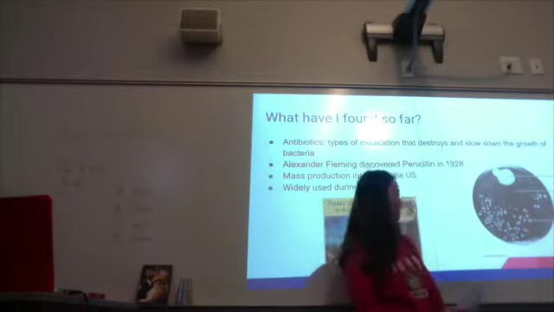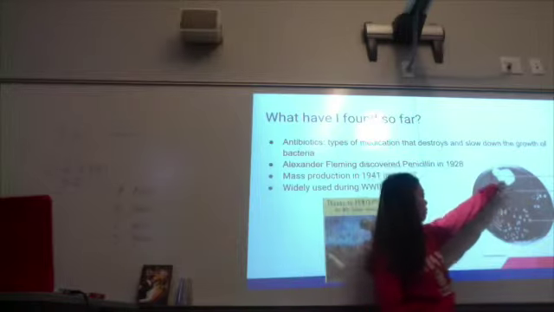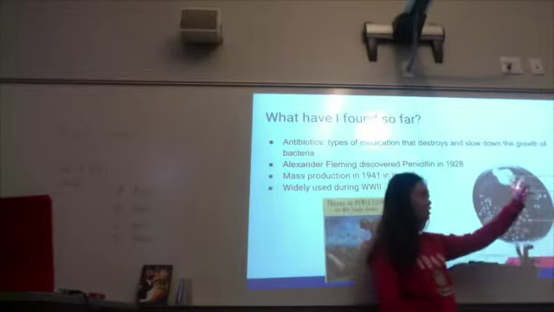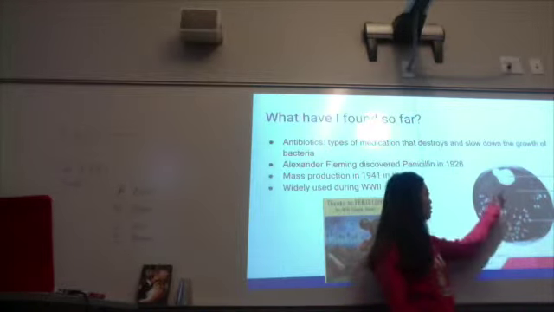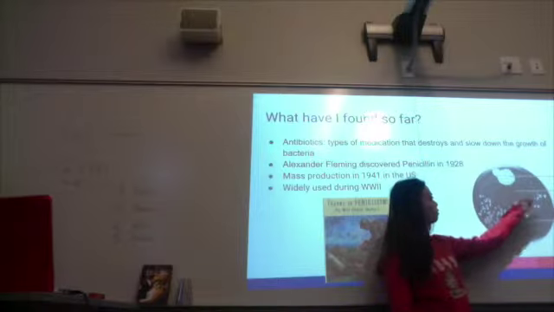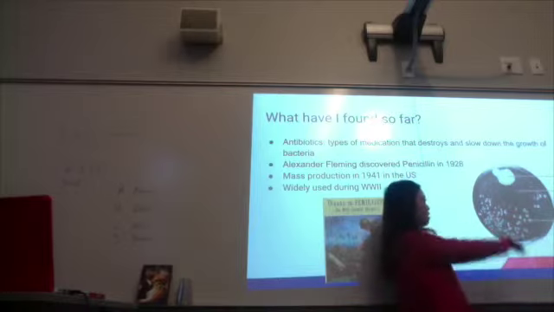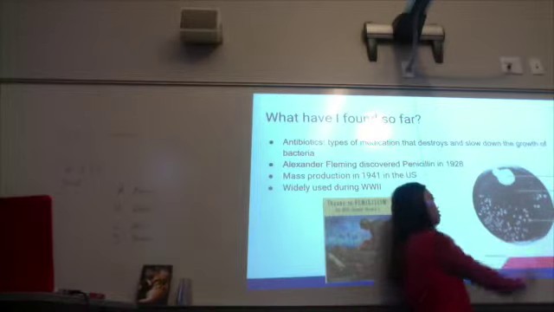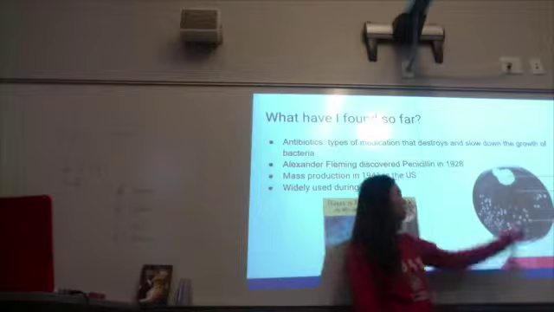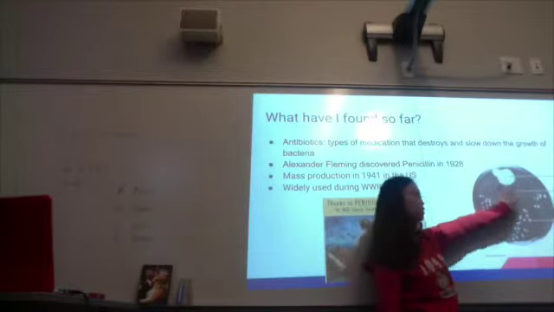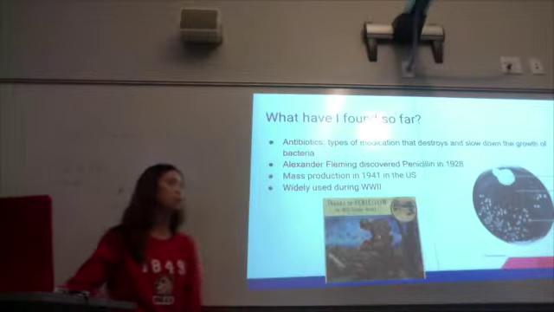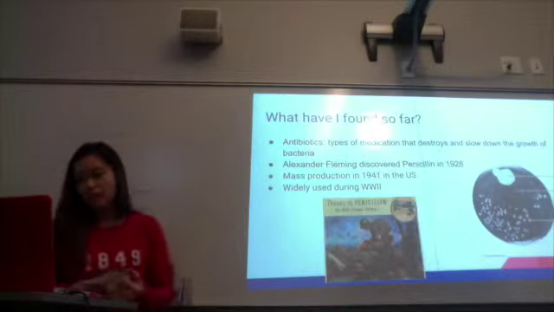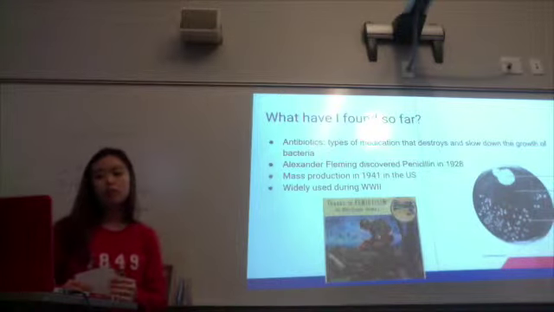And what was interesting is that around the mold there's a clear ring, and the bacteria that had grown before has gone around the ring, but right here you can see the normal bacteria still there. So he thought there must be something inside the mold that kills the bacteria, and that's how he found penicillin.